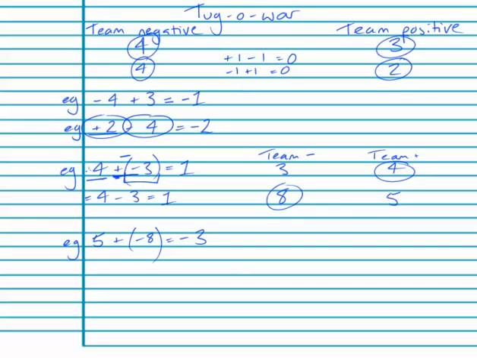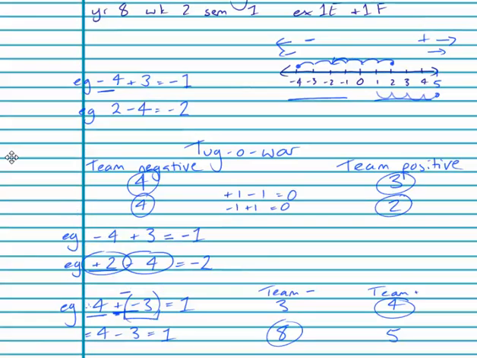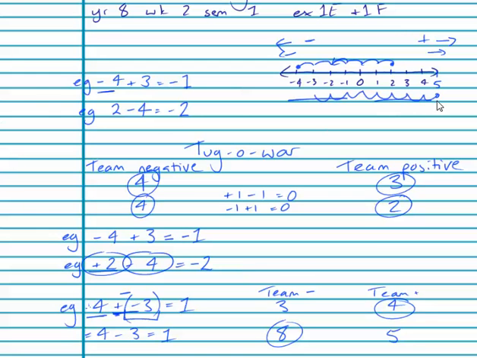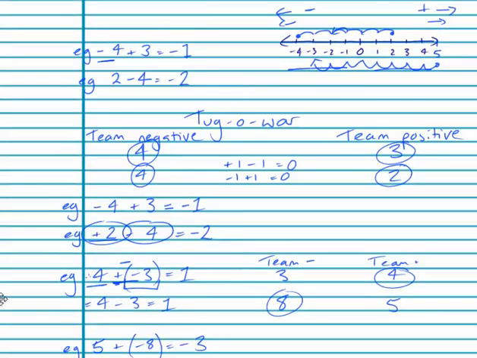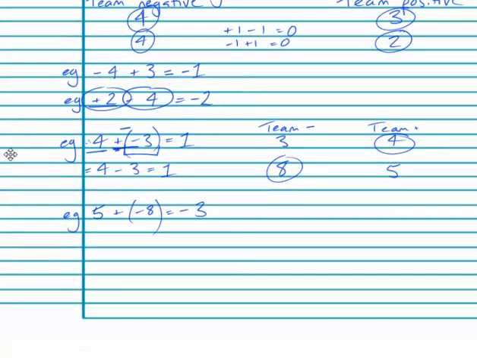We could check that on the number line if we wanted to. 5 is going to be up here. Let's start at 5 and go down by 8. 1, 2, 3, 4, 5, 6, 7, 8. Sure enough, -3 is my answer. So the negative movement to the left on the number line is really helpful, but so is thinking of the tug-of-war.